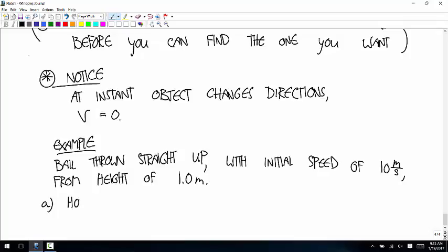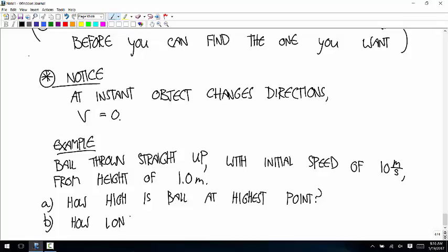So first, how high is the ball at its highest point? And second, how long does it take until the ball hits the ground? So how long is the ball in the air before it hits the ground?